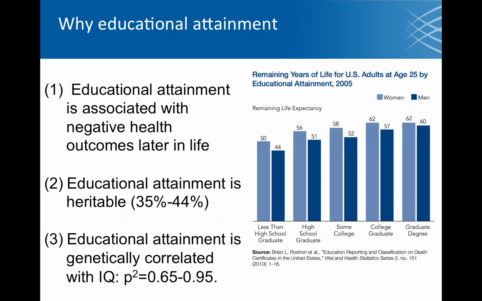Okay, so why do we want to study educational attainment? Educational attainment is a surprisingly good indicator of life expectancy. As you can see in this graph, women, when they are 25 years old, who have a degree that is less than high school, have a general life expectancy of 50 years, which increases to 62 years.